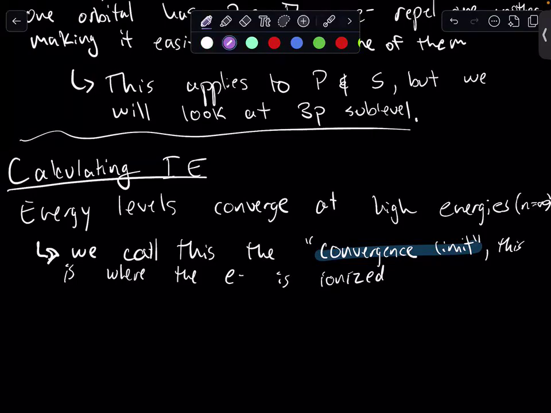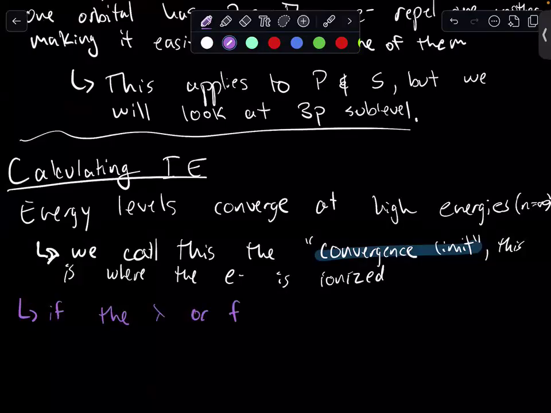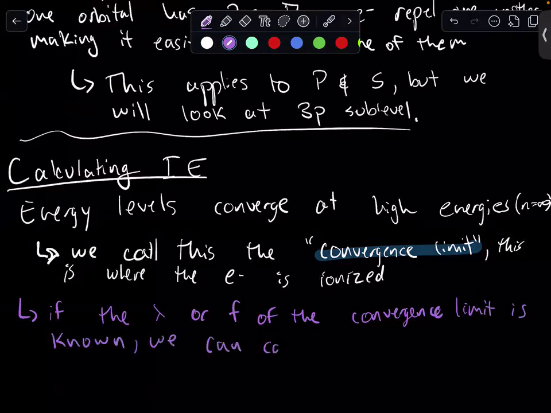The special thing about this is if the wavelength, lambda, we learned that from light, or the frequency, f, of the convergence limit is known, we can calculate the ionization energy.